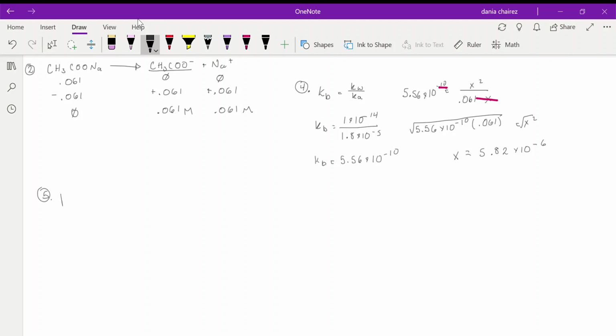So then, Step 5 would be to find our pOH, because our x is our concentration of OH, which is negative log of the concentration of our OH ions, which is whatever our x is, 5.82 times 10 to the negative 6. So we should end up with a pOH of about 5.52.